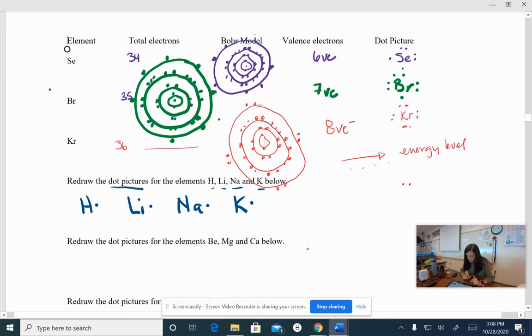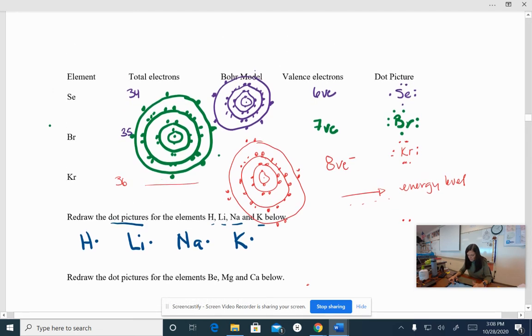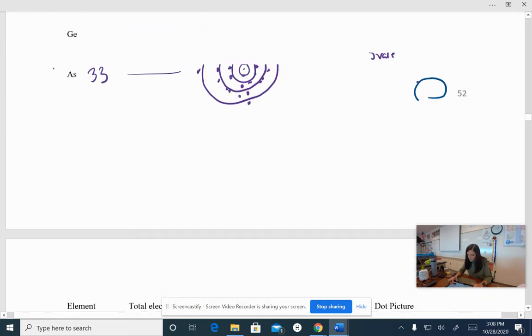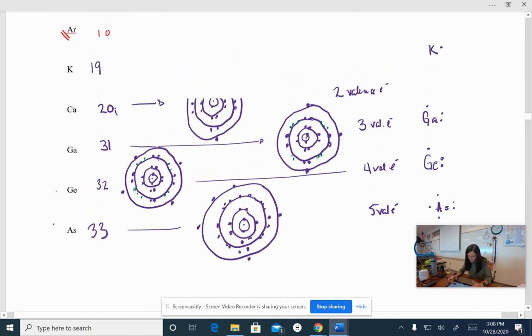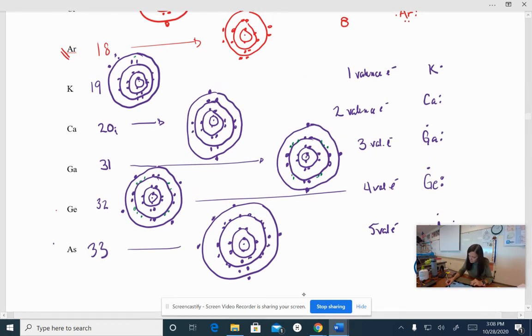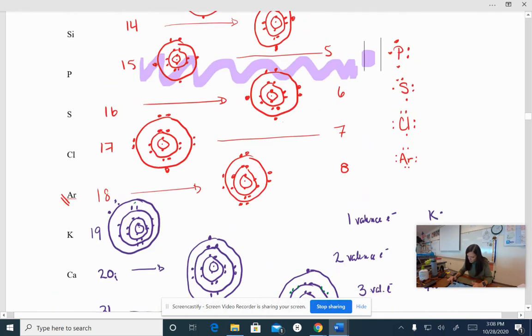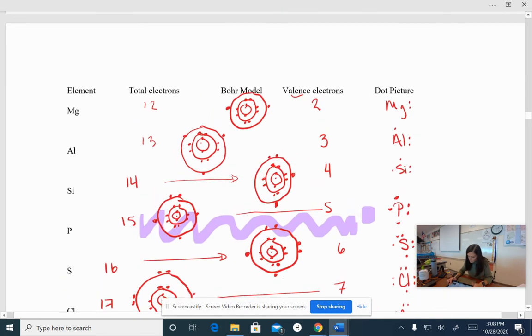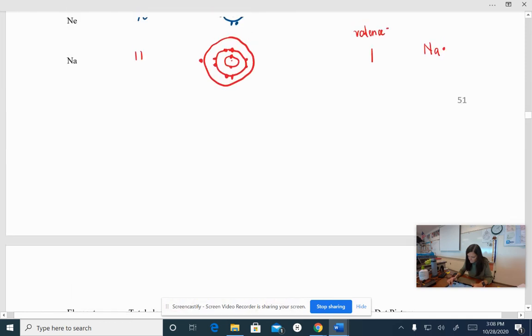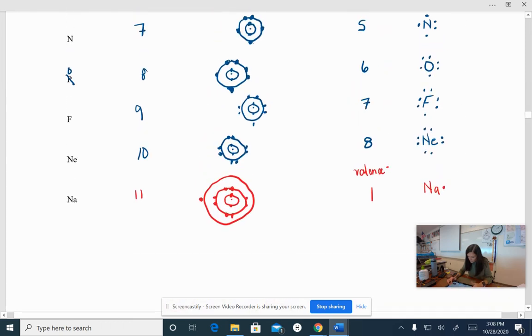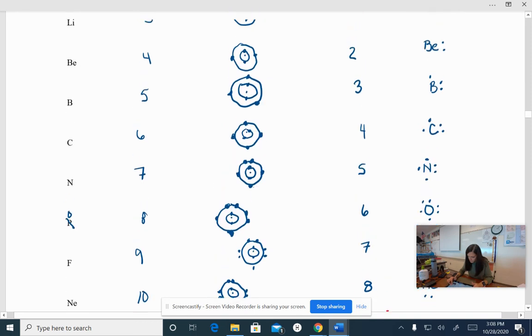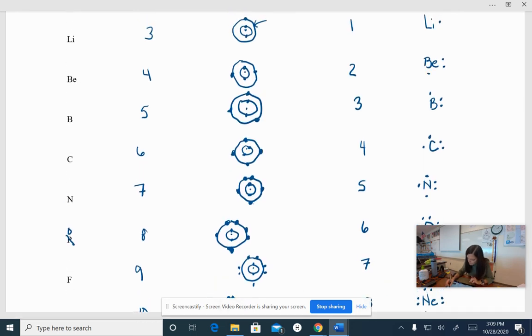Redraw the dot pictures for beryllium, magnesium, and calcium. So let's look at beryllium, magnesium, and calcium. If I look for calcium, there's calcium. It's got 2. Beryllium, here we are. Beryllium is 2.